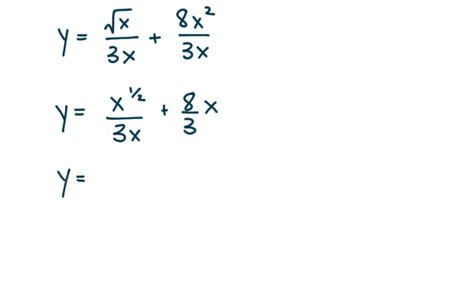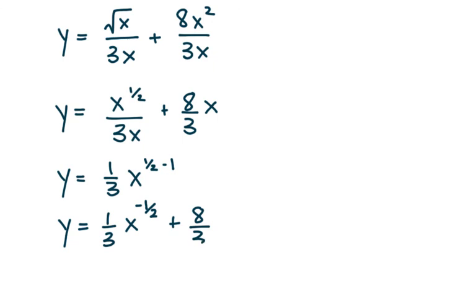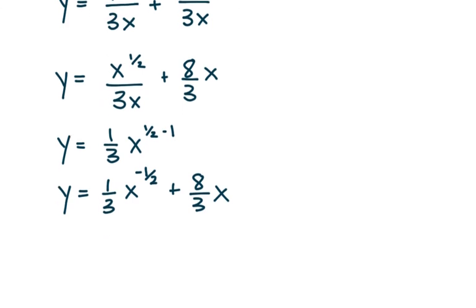So this is the same as saying 1/3, that 3 in the denominator, and we have x to the 1/2 minus 1. And x to the 1/2 minus 1 is negative 1/2 plus 8/3 x. So I haven't done any calculus at all yet. I've just rearranged the way this looked. I used my algebra skills to make it look like a polynomial.